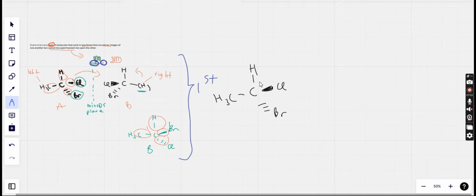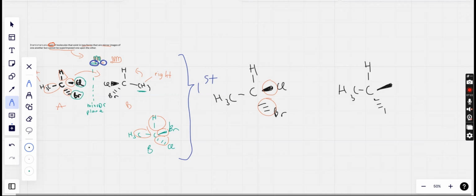I don't like to draw the aeroplane. What I do is I simply keep H3C and I keep the wedge and dash the same. So you see, here's a wedge, here's a dash. I keep it the same here as well. So I draw a Cl, I draw the wedge here, and I draw the dash here.